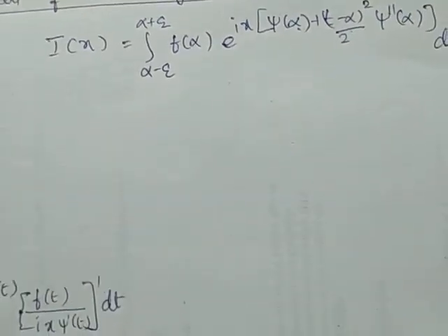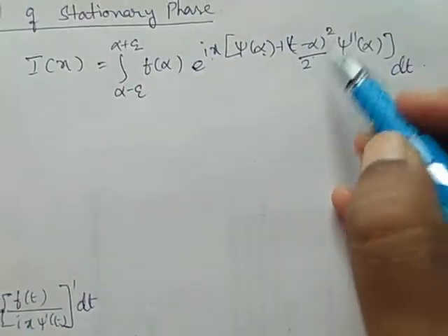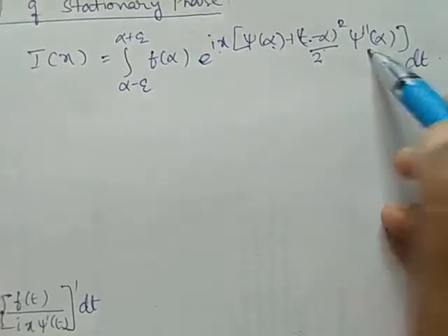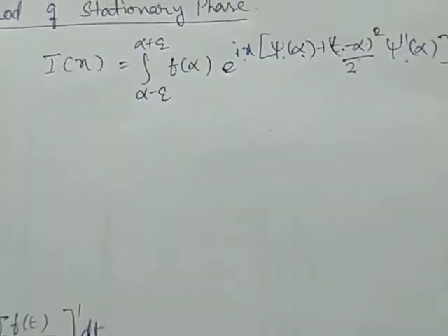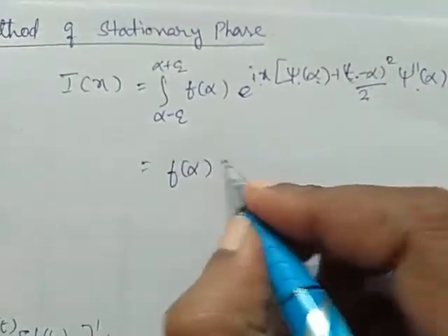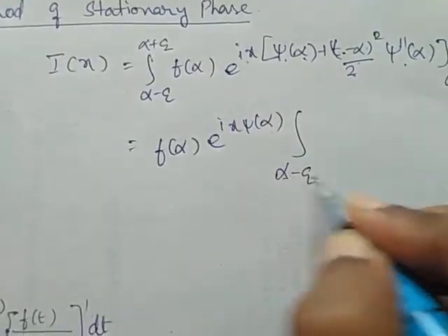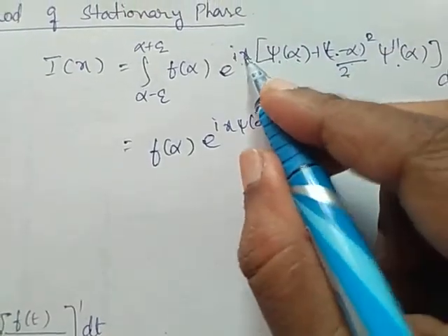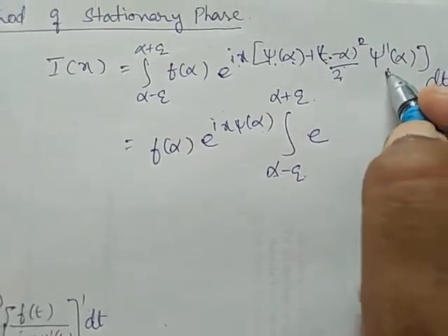Now we are going to substitute x (t−α)²/2 ξ''(α) as iς. And e^{ixξ(α)} is constant because integration is with respect to t. So when we split the terms, we'll have f(α) e^{ixξ(α)}, integration from α−ε to α+ε, e^{ix(t−α)²/2! ξ''(α)}.